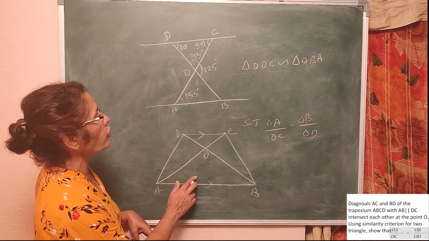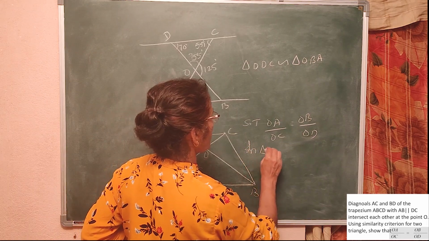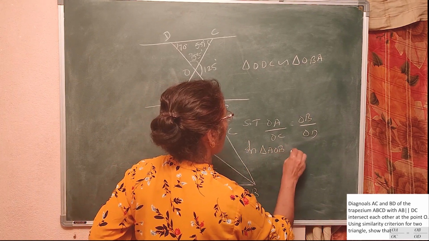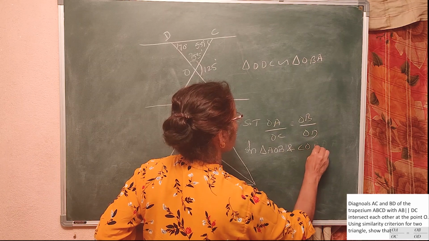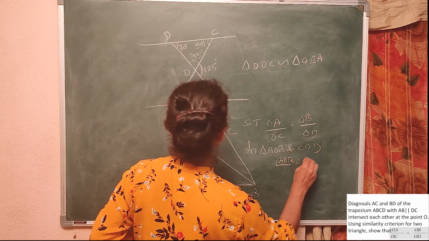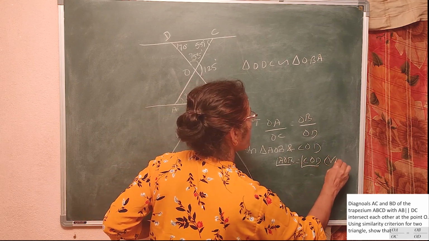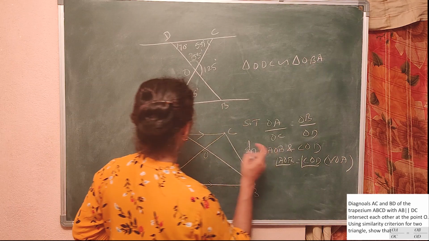In triangle AOB and triangle COD, angle AOB is equal to angle COD by vertically opposite angles.